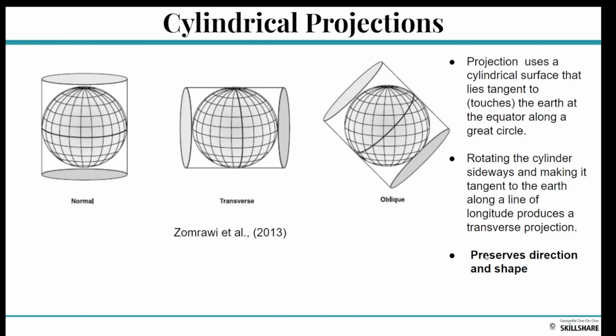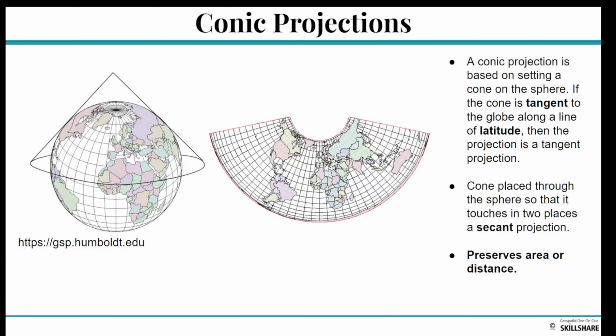And like I said, in cylindrical projection, we are preserving directions and shape. We come to conical projection. Same concept, but this time around we are not using a cylinder, we are using a cone.